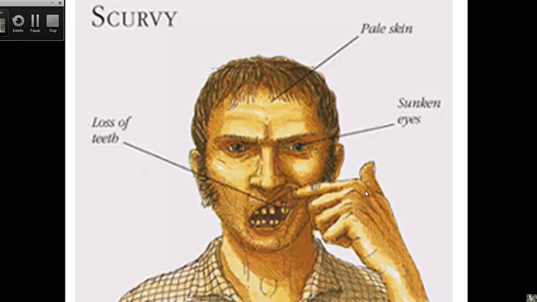Once vitamin C is present, collagen can be made, and the body functions normally. And so sailors were known as limeys for a period of time as a result of the fact that limes were taken on ships, and they consumed those limes in order to avoid getting scurvy. So remember, that's just one example of a vitamin.